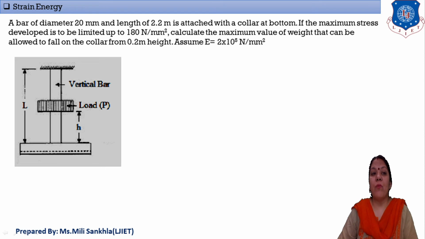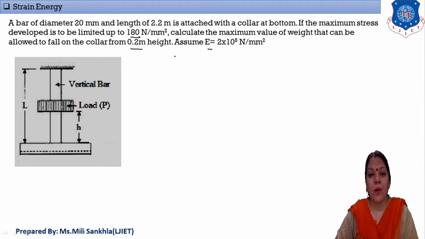Maximum stress developed is given as 180 Newton per mm square, and calculate the maximum value of weight that can be allowed to fall on the collar from 0.2 meter height, and E is equal to 2 into 10 raised to 5 Newton per mm square. First of all, we convert all the data. Here height is given, that means this is the simple case of impact load.